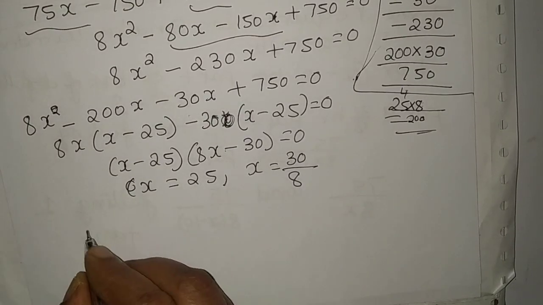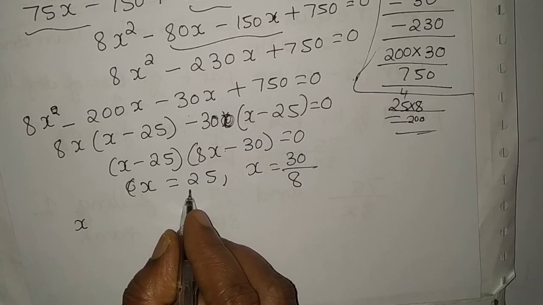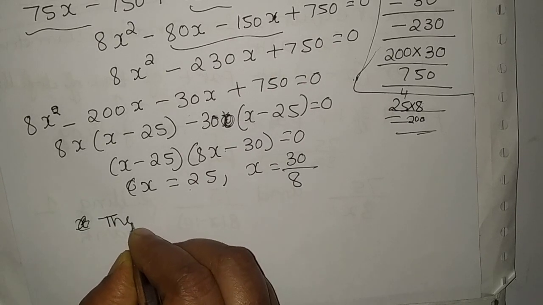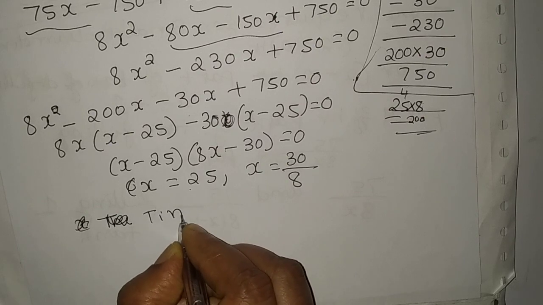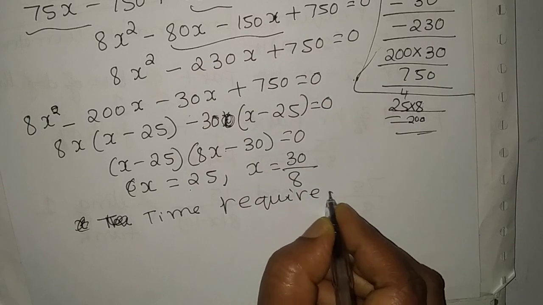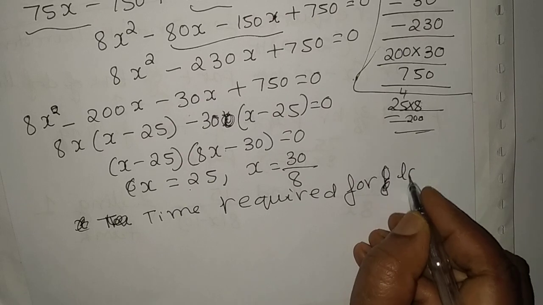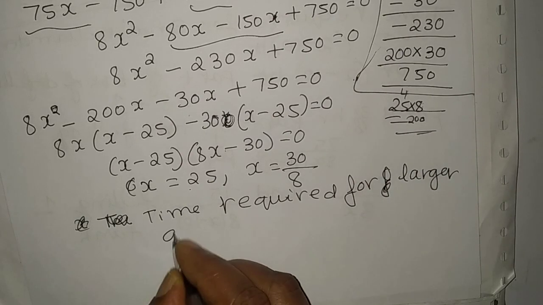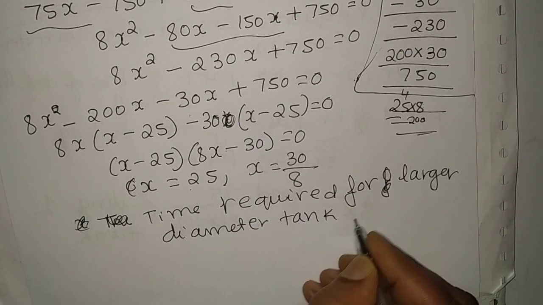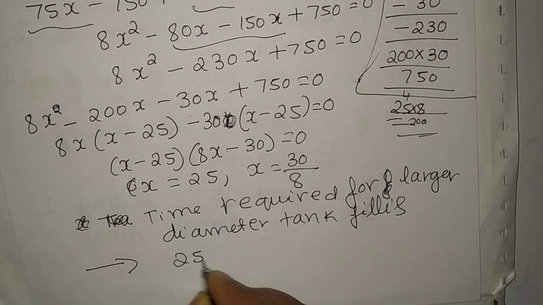Therefore, finally we can't take it in the fraction form. The time required for larger diameter tank filling is how much? 25 hours.